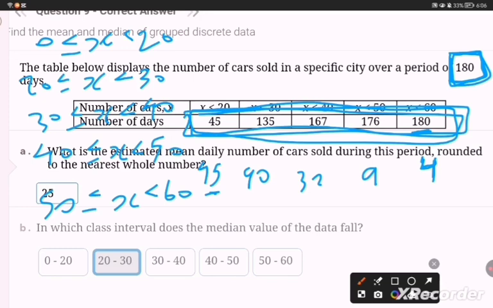And then 30 to 40, 35 times 32. And then 40 to 50 is 45 times 9. And then finally 50 to 60, 55 times 4. Okay, over the total frequency, which is 180. So you get an answer of 24.69. So that's just basically 25. Okay.